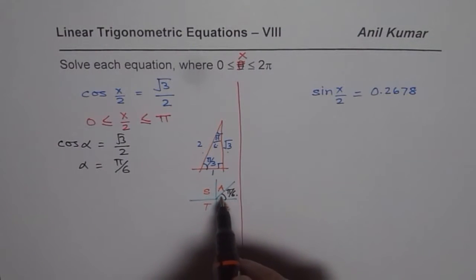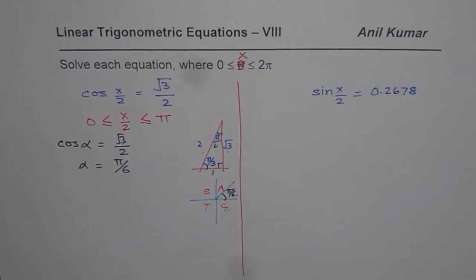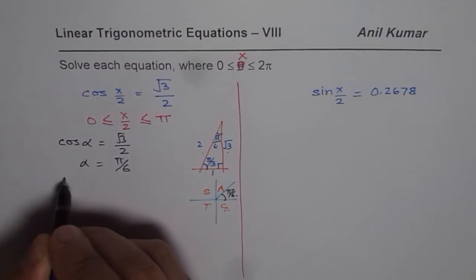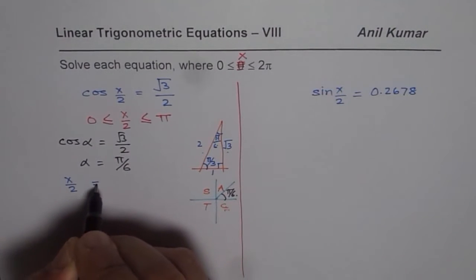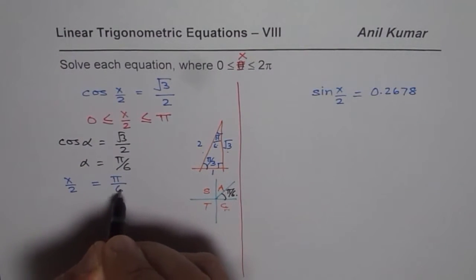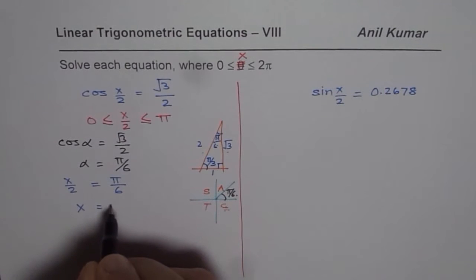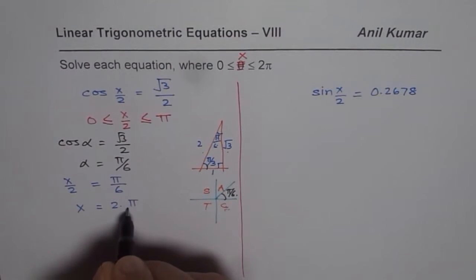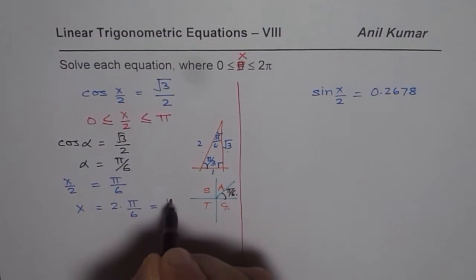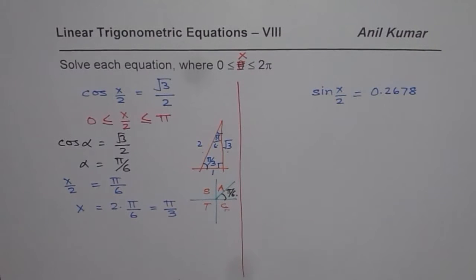We cannot consider 2 pi minus pi by 6 as our solution. That is critical to understand. Okay, so what we get here is that x by 2 is equal to only pi by 6, or x is equal to 2 times pi by 6, which is pi by 3. You understand? So that is the solution for this particular question.